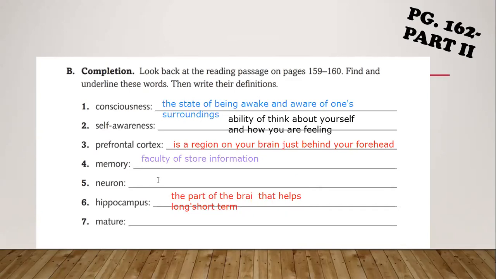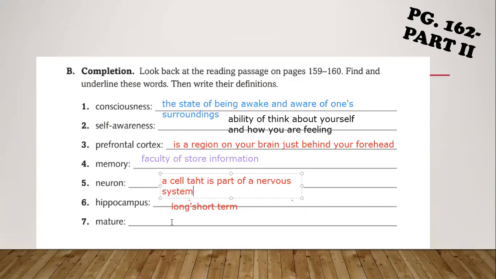And number 5. Number 5 is a cell that is part of the nervous system. Okay.